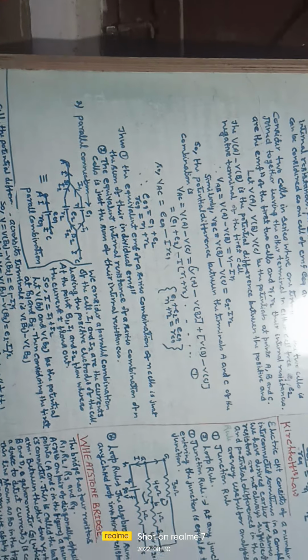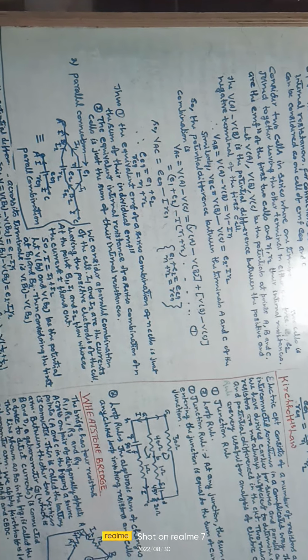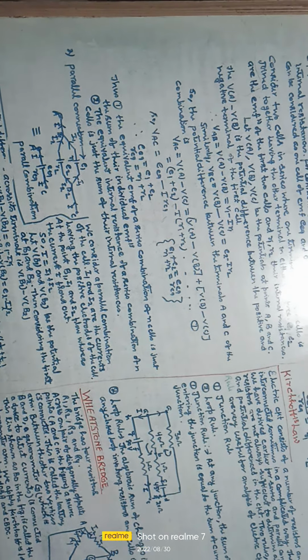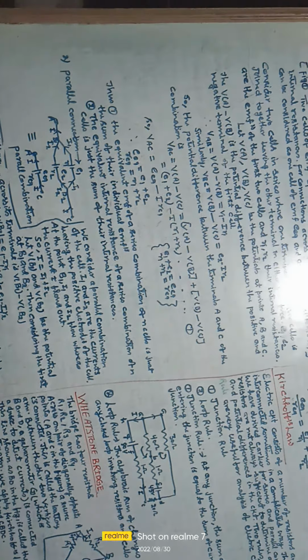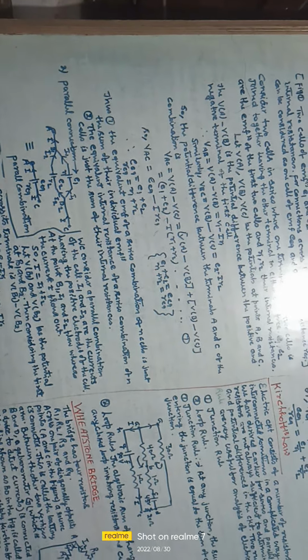Parallel connection. We consider a parallel combination of the cells. I1 and I2 are the currents leaving the positive electrodes of the cells. At the point B1, I1 and I2 flow in, whereas the current I flows out. So I equals I1 plus I2 as shown in the figure.